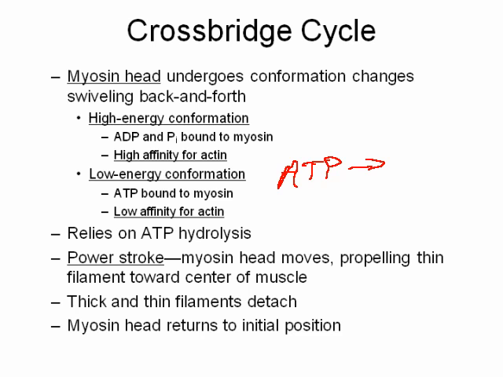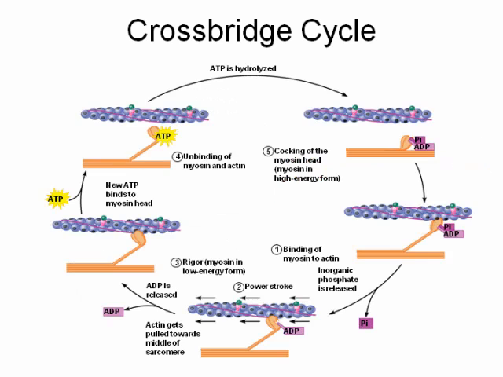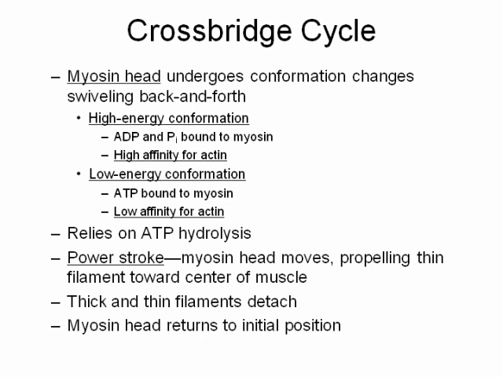But of course, ATP will break down into ADP plus a phosphate. So on the diagram we see here, we have the ATP binding and then dissociating into ADP and phosphate. So this whole cycle relies on the hydrolysis or the breakdown of ATP.